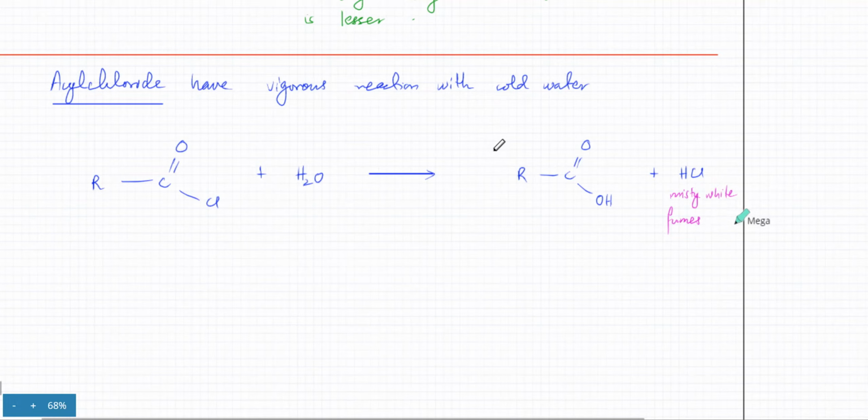So this is what's happening, and you have a vigorous reaction. Let me add cold water as well. With warm water, it's obvious it's going to happen, but it also happens with cold water. So why is the reaction very, very fast?